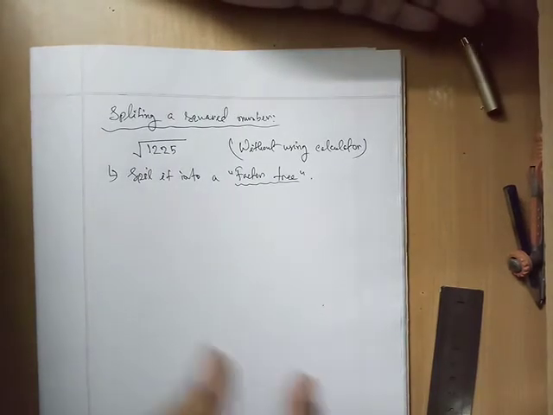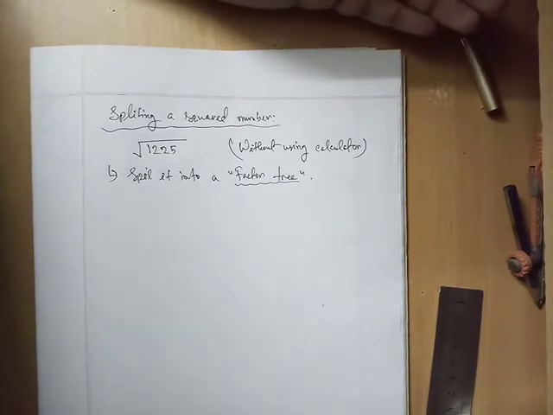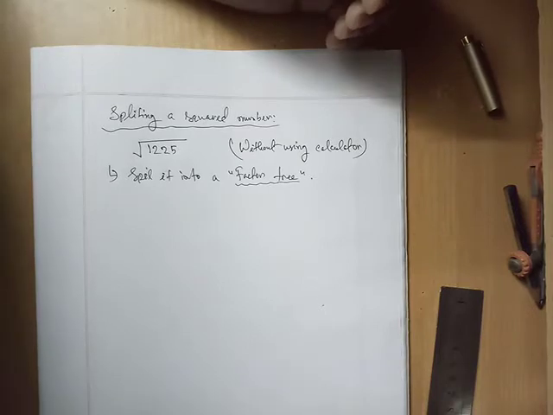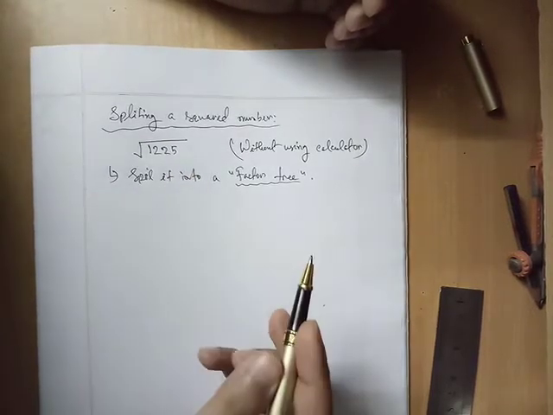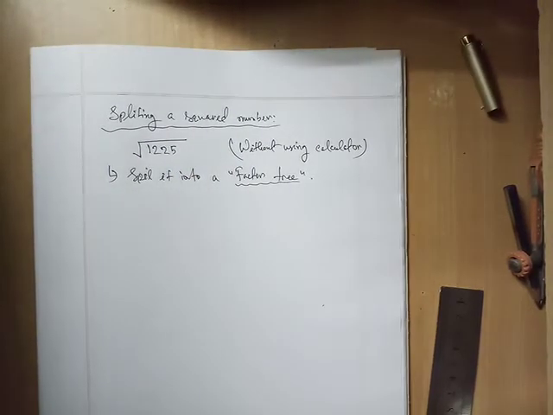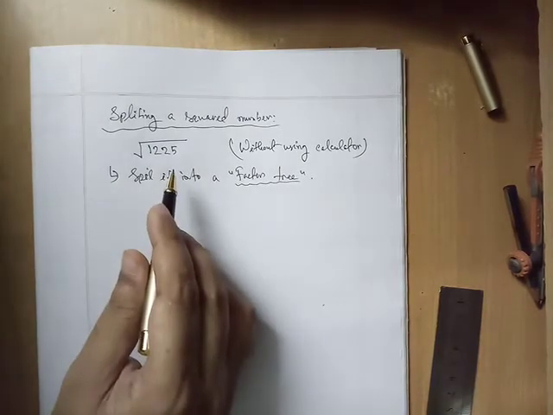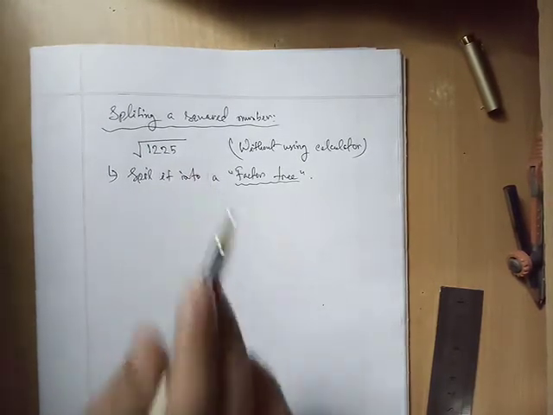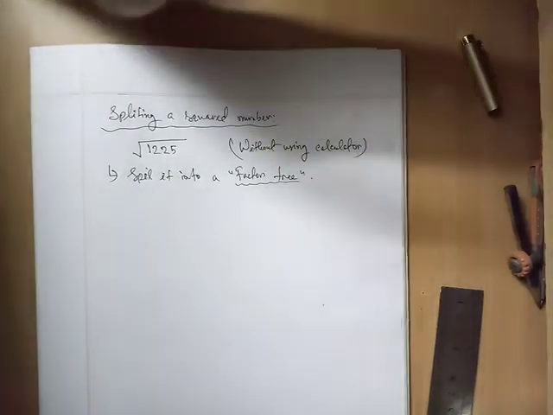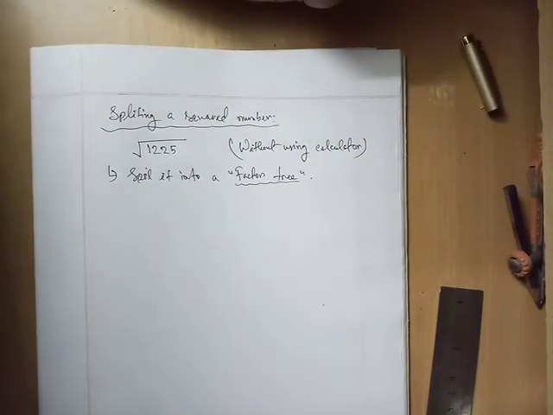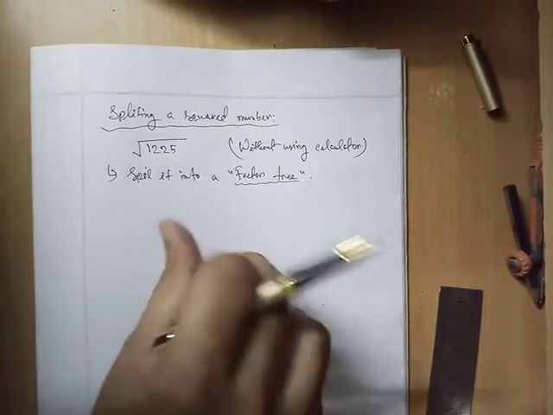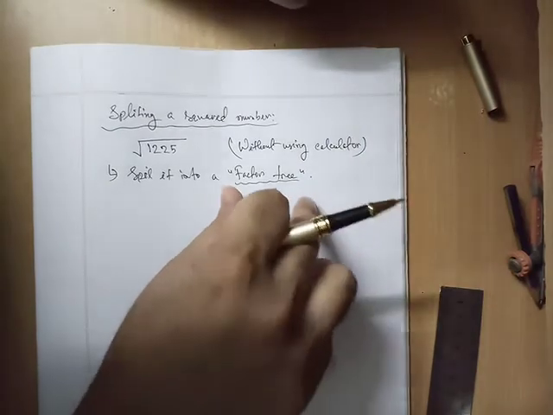Factors means the numbers which we can divide 1225 by exactly. Since the last digit is 5, it is definitely divisible by 5 exactly without any remainder. So 5 is a factor.